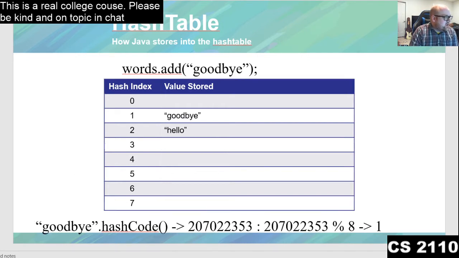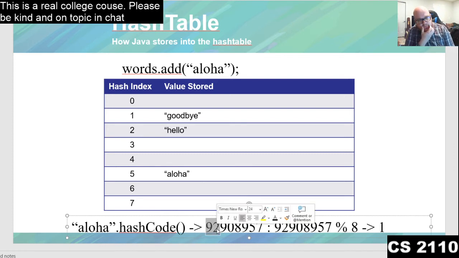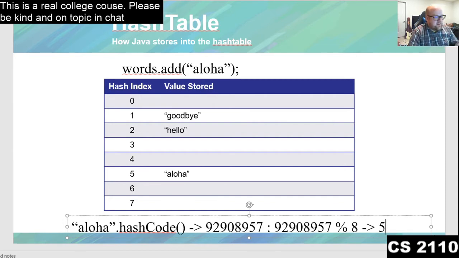If I were to then add goodbye, lowercase g, that's going to give me, in this case, 207,022,353. Mod 8 is 1, so I put it in box 1. Add aloha, the hash code for that is 92,908,957. Mod 8 is, sorry, not 1, it is 5. So I insert it at position 5.